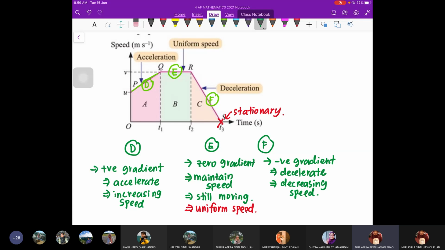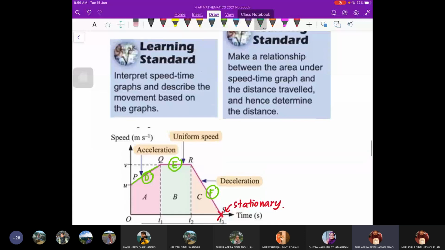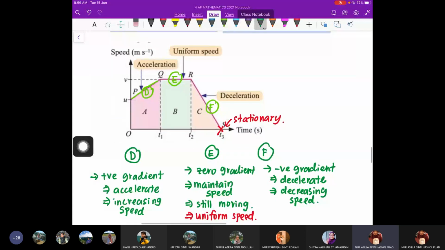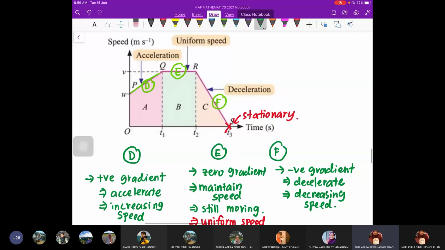Okay. So sekarang saya nak pergi kepada, kan kat sini atas ni kan ada dua learning standard. So saya pergi kepada yang second. Okay. Selain daripada kita tahu dia menaik, dia kekal dan then dia menurun, kita pun boleh tahu info yang lain adalah daripada keluasan ataupun area under the graph.